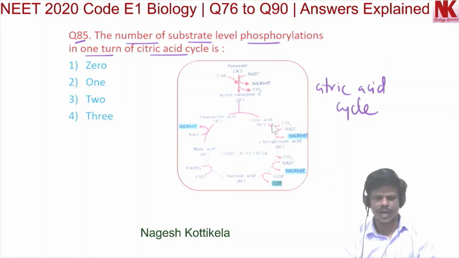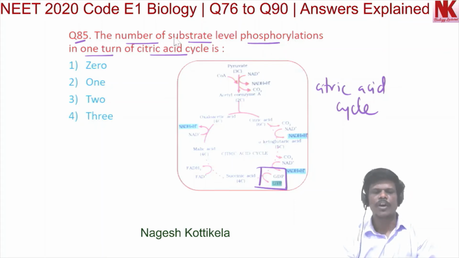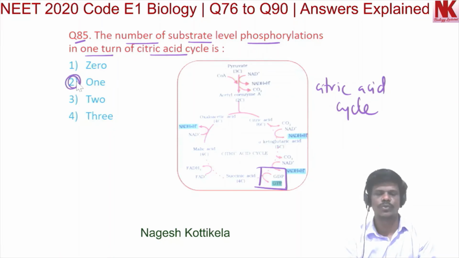In one turn of citric acid cycle, you can see here one GTP molecule is formed. In a coupled reaction, from this one ATP molecule can be formed. So the number of substrate level phosphorylations in one turn of citric acid cycle will be 1, and that is option 2, the more appropriate option.